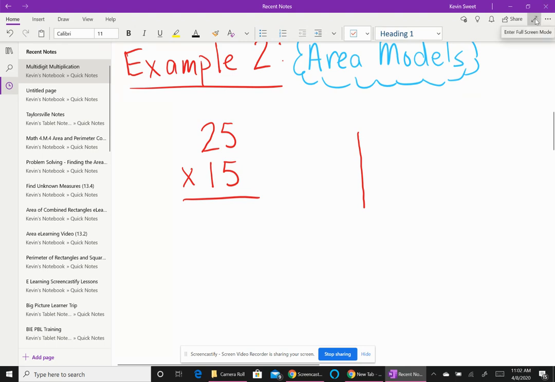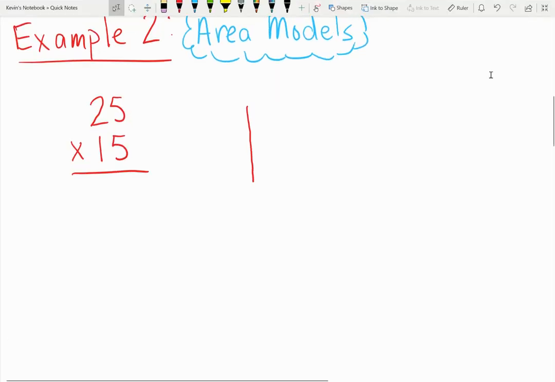Welcome back, fourth grade. We're now going to go to our example 2 problem. We're going to use area models. And remember, area model, it's good to get those math practice standards out there. So math practice 4 is visualizing and using visuals to complete your work. So we have two factors here, 25 times 15. And we're going to go ahead and draw our area model to the right of our problem over here.